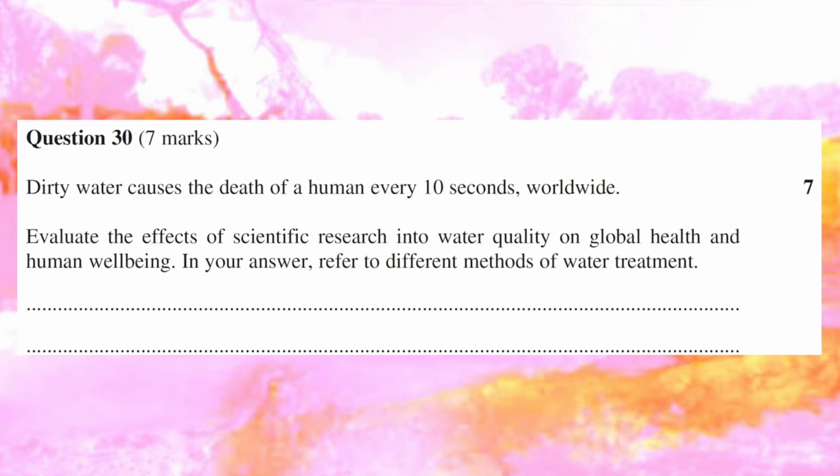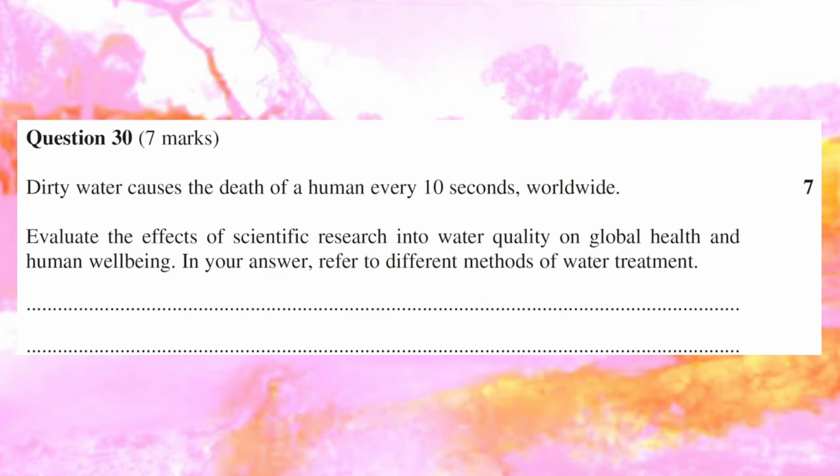You've got to take all those bits. You've got to recognize that the very first thing you're talking about is scientific research, and it's scientific research into water quality and global health. So you've got to make some sort of statement that if water is of a higher quality, it's going to lead to better outcomes.